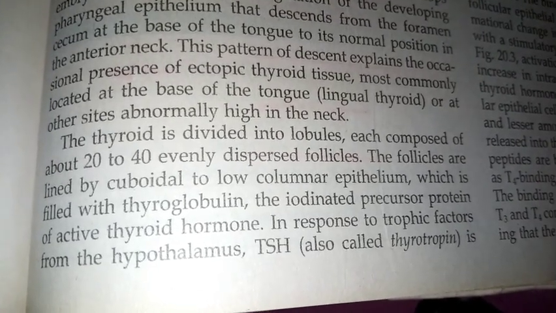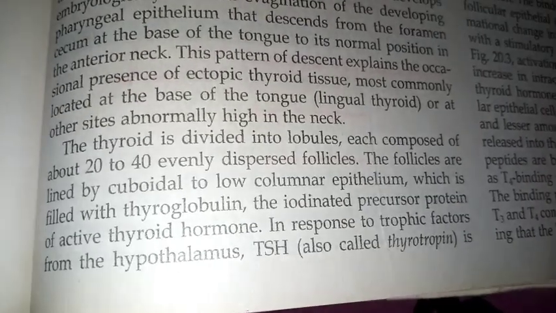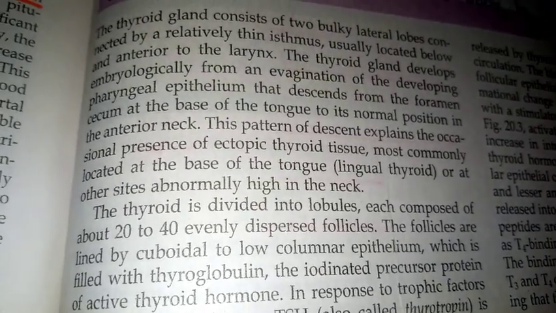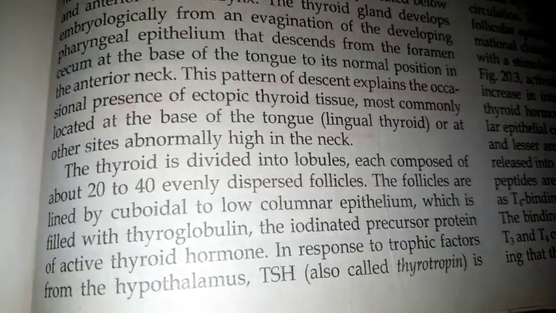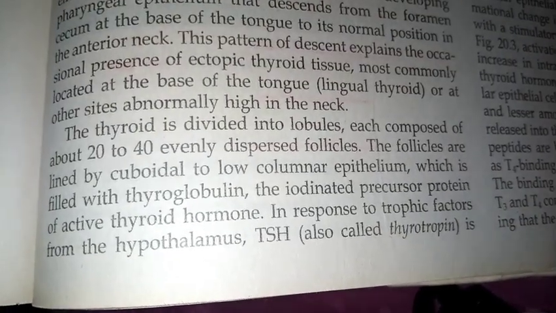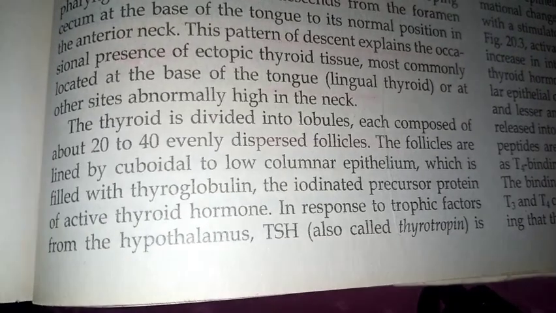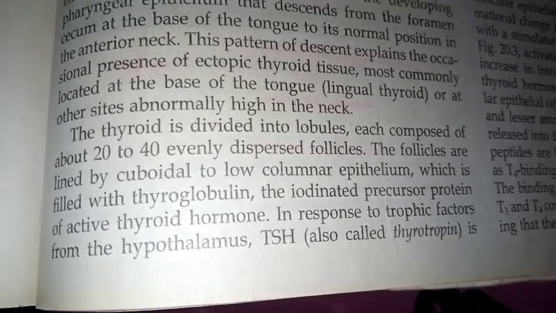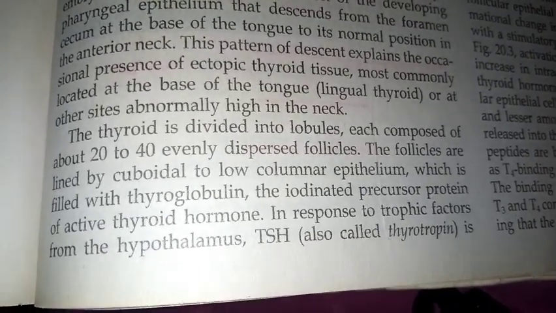After that, we are talking about lobules. First we talked about the lobes, and now we are talking about the lobules. The thyroid is divided into lobules, each composed of 20 to 40 evenly dispersed follicles.